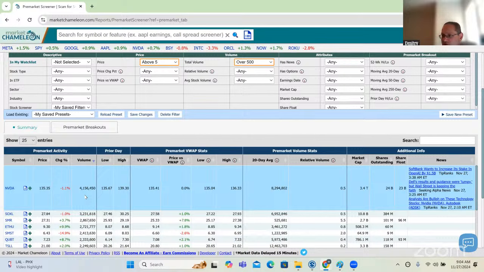So, 100 shares or 1,000 shares might not be a large block, but maybe a block of 10,000 shares that traded in one transaction, or $500,000 worth of shares that traded in one transaction. That could be a significant trade.